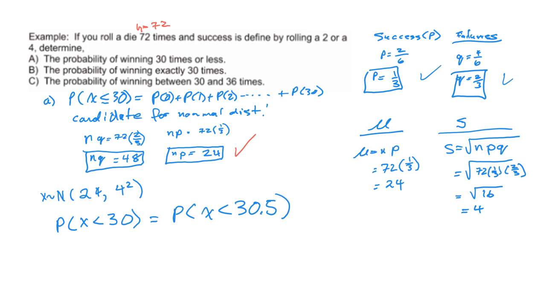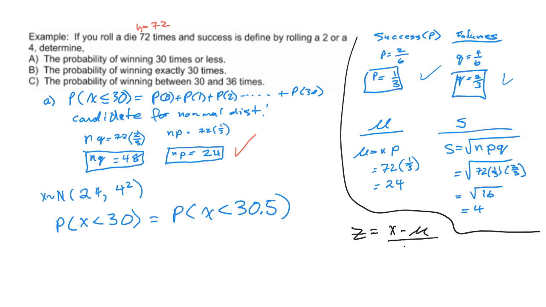And so now we're going to calculate the Z-score quickly for this problem. The Z-score is equal to X minus the mean divided by the standard deviation. So you're going to get 30.5 minus 24 divided by 4. And that gives us approximately 1.63. Then we're going to calculate P of Z being less than 1.63.